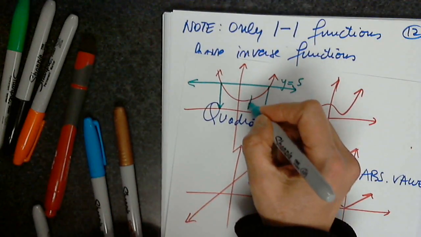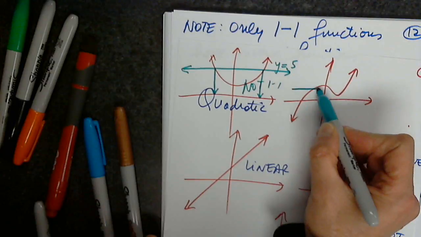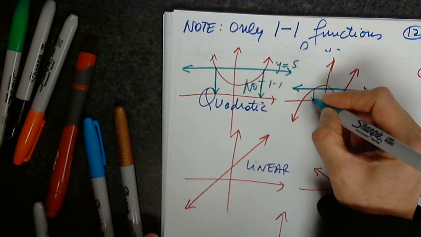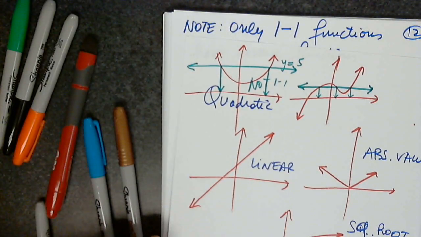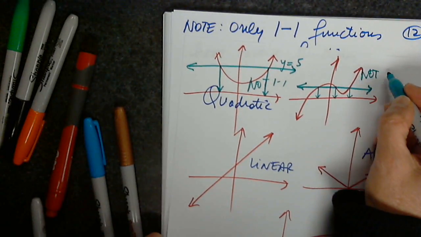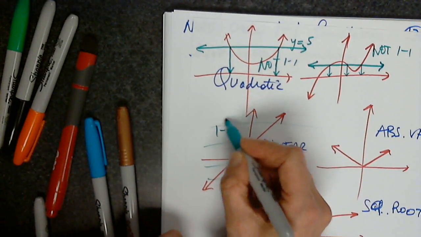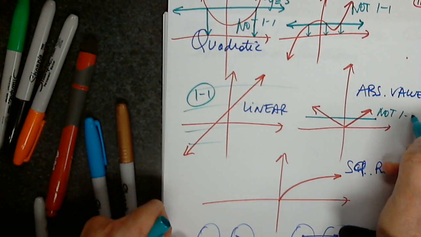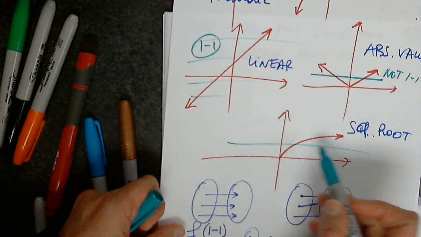No. Not one-to-one. What about this one? For this y value, I read this, I read this, I read this. Is this one-to-one? No. What about this? Yes. What about this? So this was not going to have a function. That's the inverse. What about this?